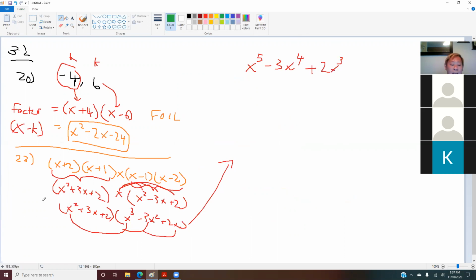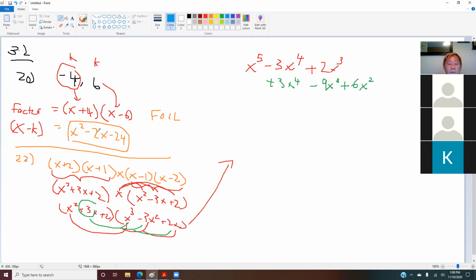Then you take the 3x and repeat the same thing. So 3x times x cubed is 3x to the 4th. I put it right below because they are the same term. Then this becomes negative 9x cubed because 3 times negative 3 is negative 9. And then 3x times 2x is 6x squared.